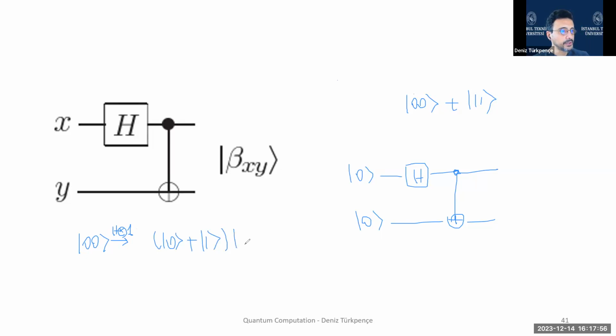And here, my second qubit state, okay? So my first qubit became this superposition state after Hadamard gate, okay? And I can also write this in this form because this 0 can be expanded just like this, 0, 0 plus 1, 0.